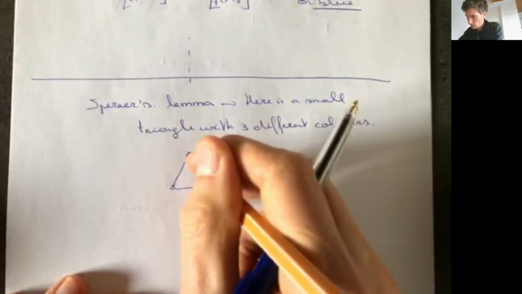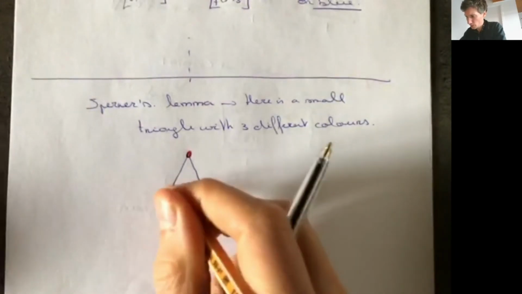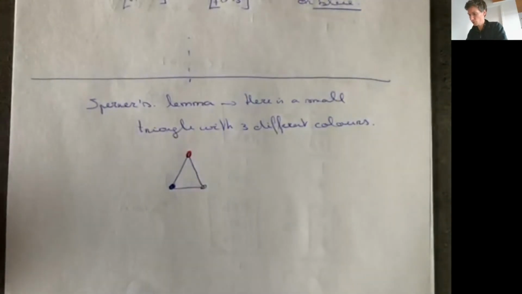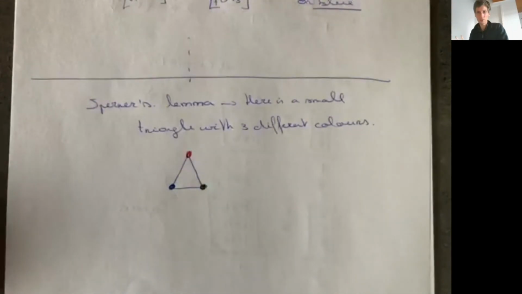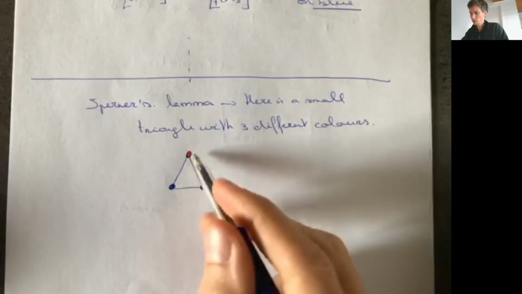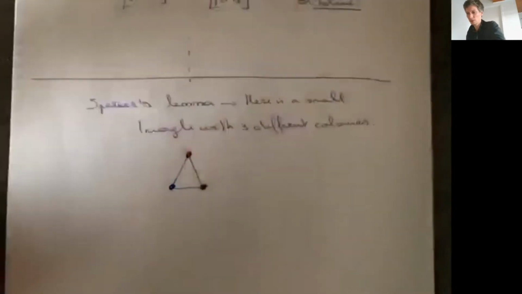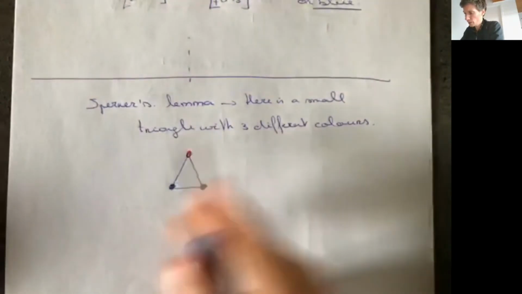I'm not sure that the red one is on top, but that's a possibility. I'm just drawing here a triangle with 3 different colors. It's possible that the blue is here, or the green is here, and so on. So I'm just drawing a generic triangle. So take this triangle here.